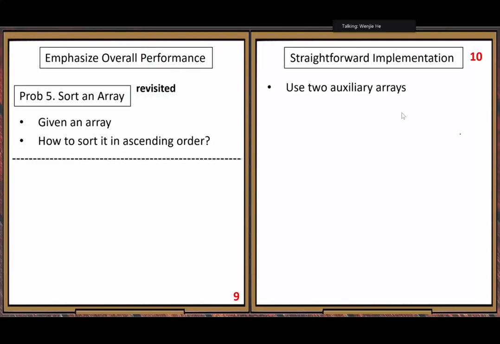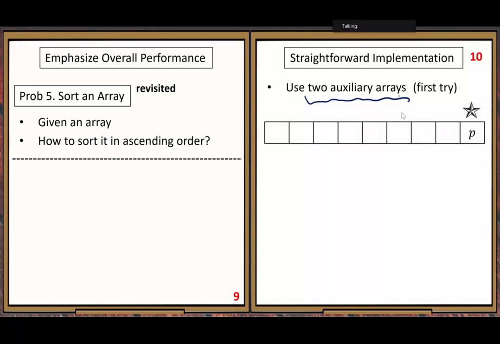We use 2 auxiliary arrays to help us divide the data, to store 2 subarrays. Then let's draw a diagram.